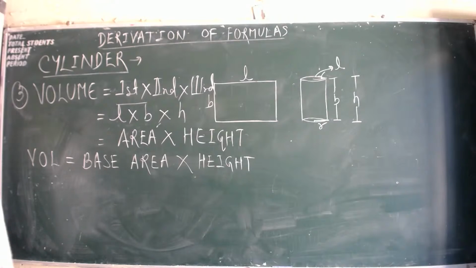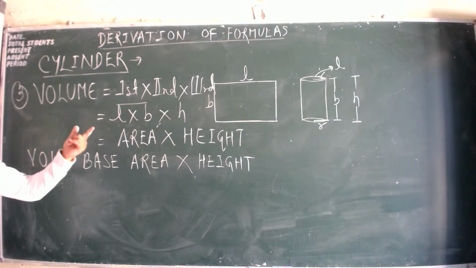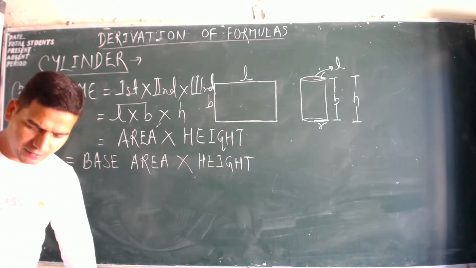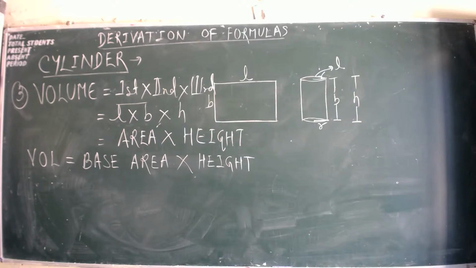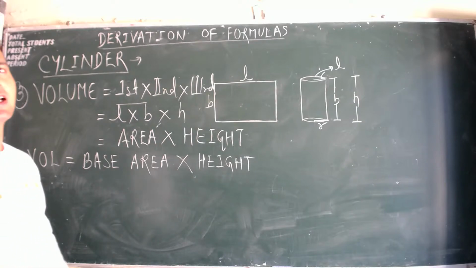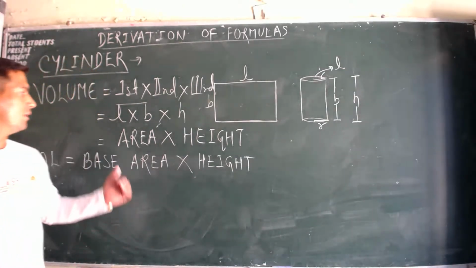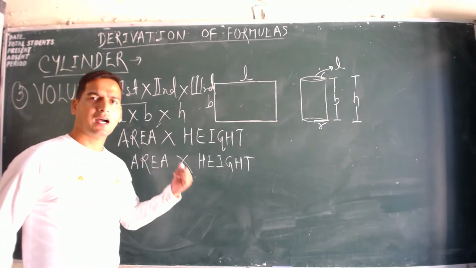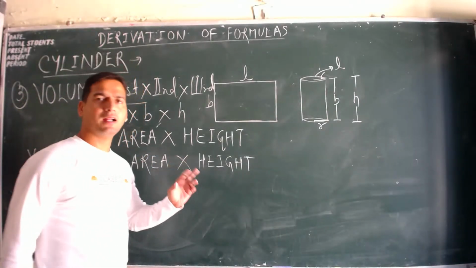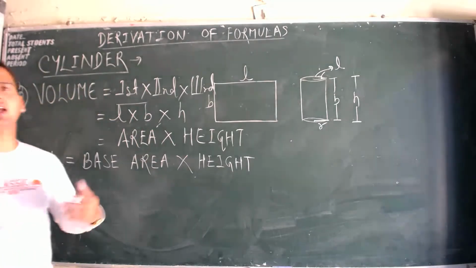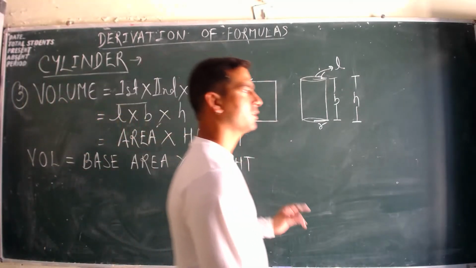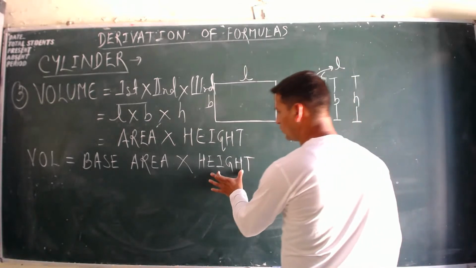Volume is base area into height. So this is the new formula of volume of a given figure. If a figure doesn't have length, breadth, a 3D figure should compulsorily have height. It's not possible that a 3D figure cannot have height. So height will be there in a 3D figure.